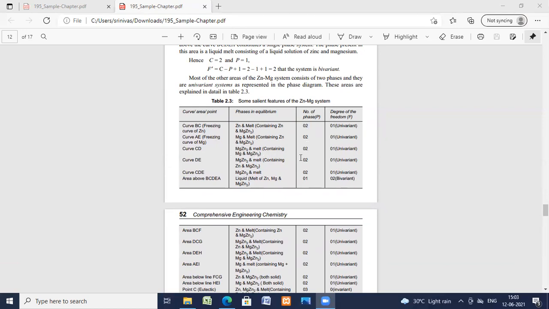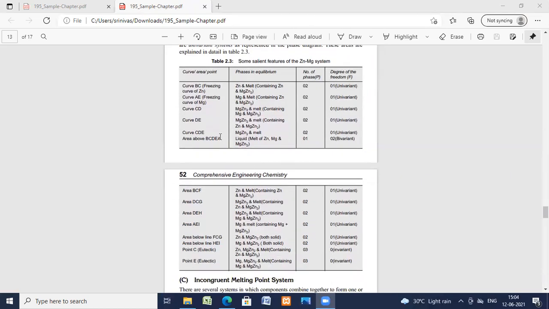So 2 minus 2 plus 1, univariant system. F is equal to C minus P plus 1. F prime is equal to 2 minus 2 plus 1, it is equal to 1. So for curves CD and DE, you get univariant systems.